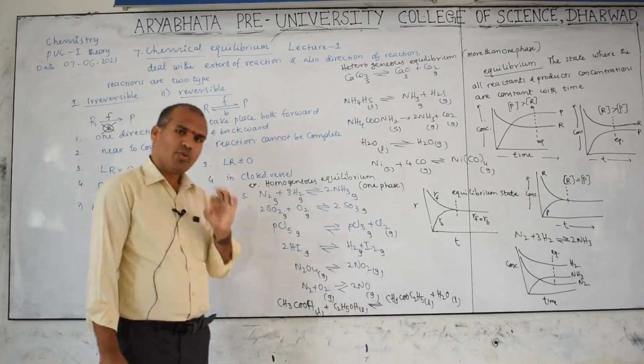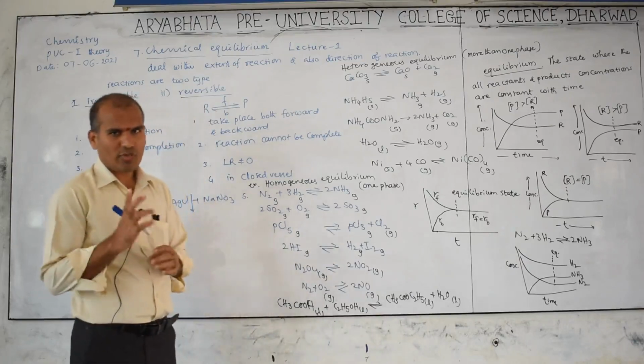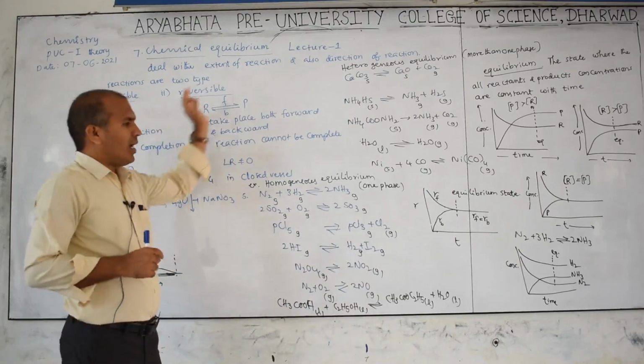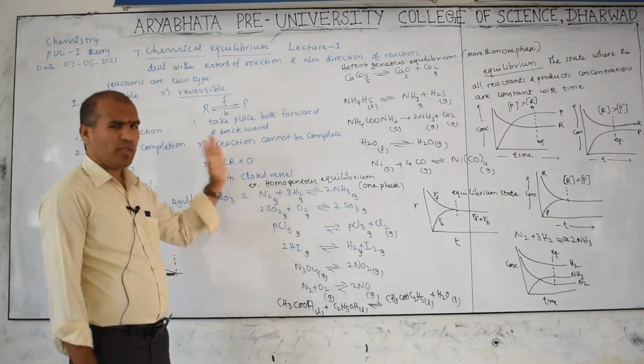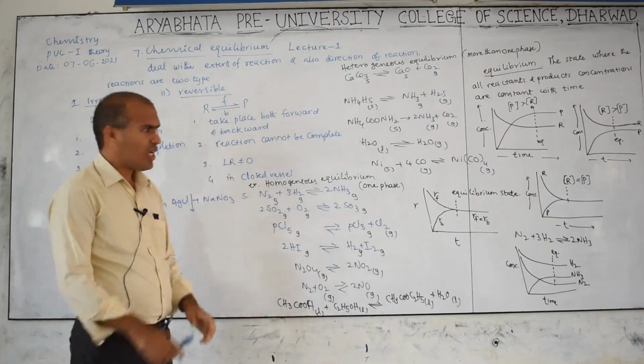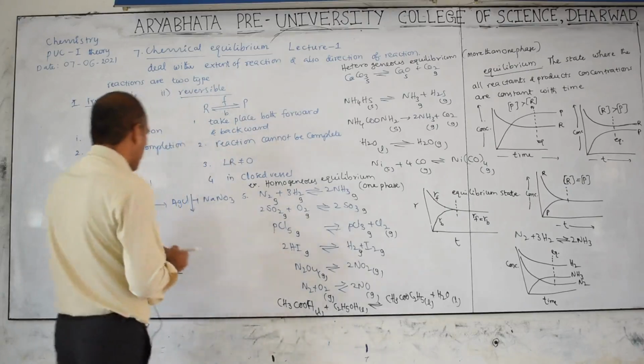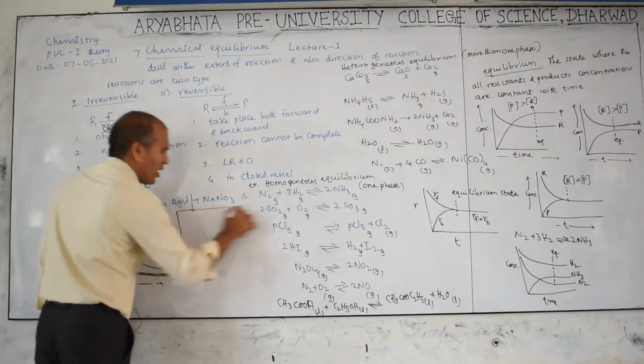So now you should note down in your notebook, I will discuss one point. At equilibrium, keep in mind, the rate of the forward reaction is equal to the rate of the backward reaction.